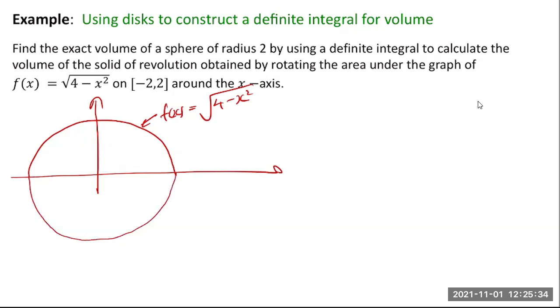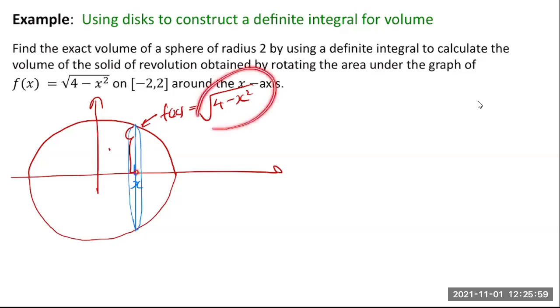Now, if you go to any point x, and if I take a cross section at that point, that cross section is a circle, right? How do you find the radius of that circle? The radius of this circle is f of x.